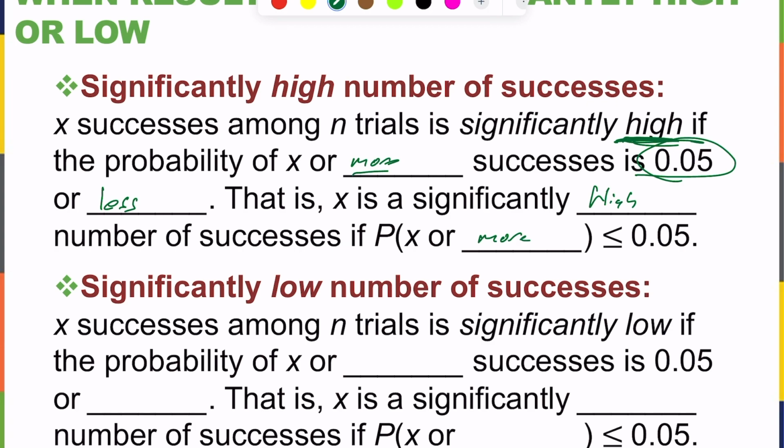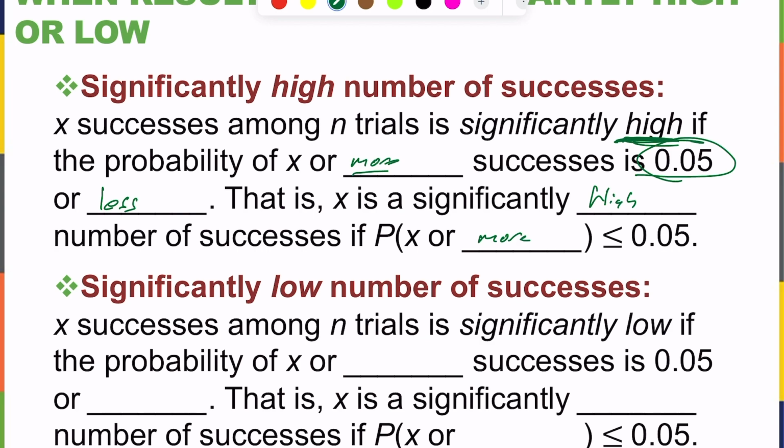Significantly low is similar. X is a significantly low number of successes, meaning there's something funny going on. It's not just by chance, right? It's perhaps our null hypothesis, perhaps our assumption is wrong because something funny is happening. Why am I getting a significantly low number of successes?